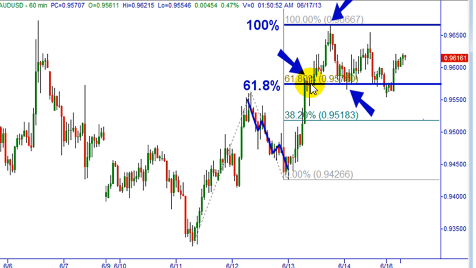The first price point that served as resistance was the 61.8% Fibonacci extension level. This is a really common zone where you will often see an initial pause take place on any type of continuation type of move. Now with that typical pullback for a continuation type of breakout, my target generally is the 100% extension level.